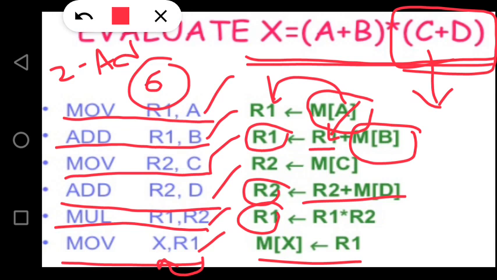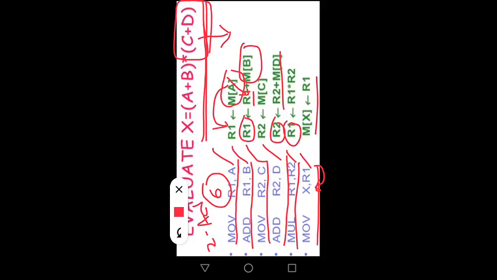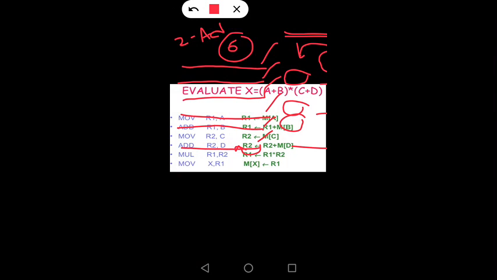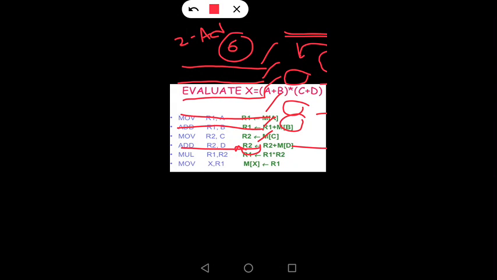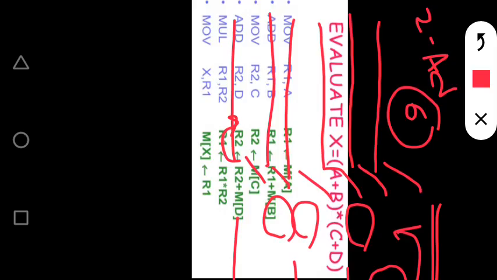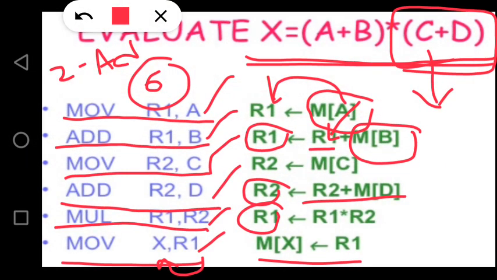If our computer supports two address instructions, then you need to add more instructions, so the execution time will increase. But the advantage is that you are using fewer registers. In case of three address instructions, more memory is used but fewer instructions. So this is about two address instruction.